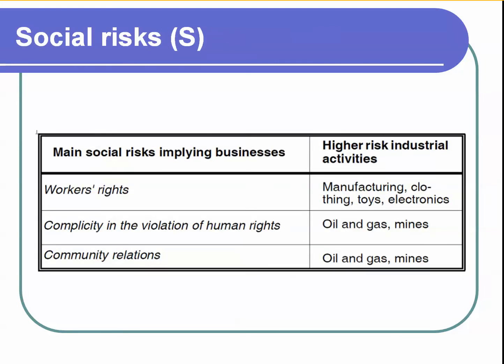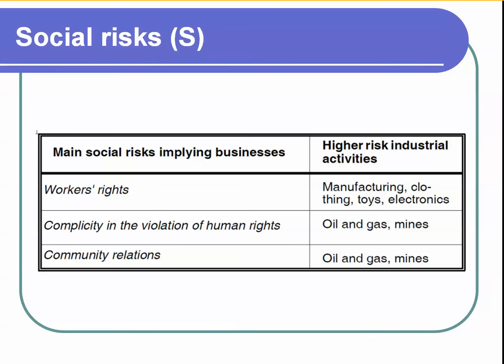If we look at social risk, though, we can talk about workers' rights, complicity in the violation of human rights, particularly in parts of the world where you're trying to establish new developments that could have negative impacts on, let's say, water supplies of communities or the air quality.